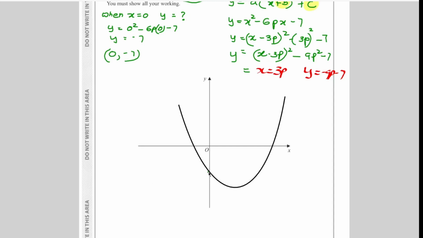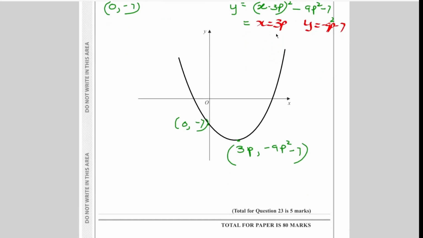This one we got the coordinate 0, comma, minus 7. The coordinate of this one is 3p, comma, minus 9p squared minus 7. That's it.